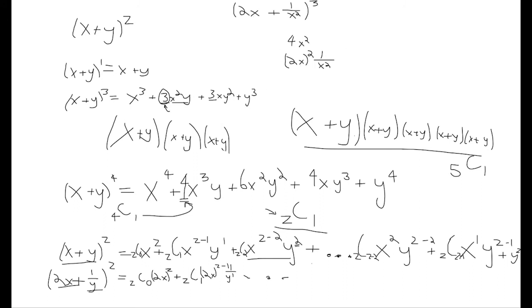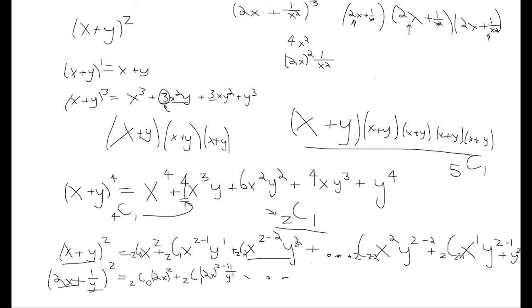You can kind of imagine if you picked 2 of these, so I'll write it all out: (2x + 1/x^2) times another (2x + 1/x^2) times another one, (2x + 1/x^2), right? For any of these where you pick 2 of them to be 2x's and 1 of them to be 1 over x squared, that means that the x's will cancel out. So that's how you would answer that question.